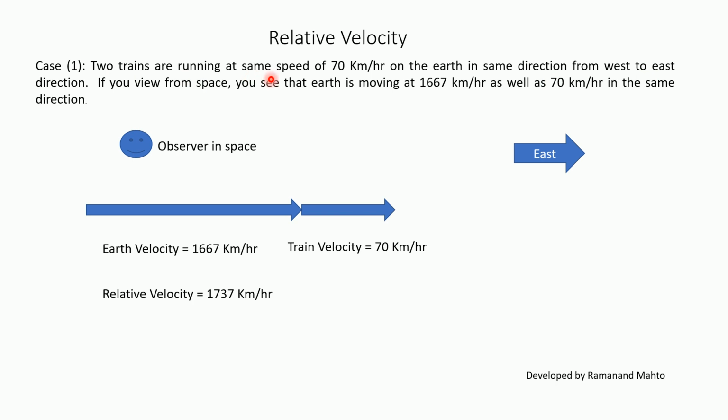If you view from space, you will see that the earth is moving at 1670 km per hour as well as the 70 km per hour speed of the train in the same direction. So if you observe from space, you will see this is the earth speed and this is the train speed. If you add them up, it comes to 1703 km per hour, the relative speed the observer can see from space.